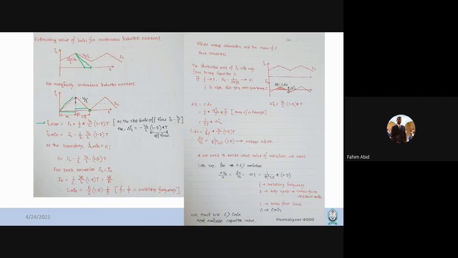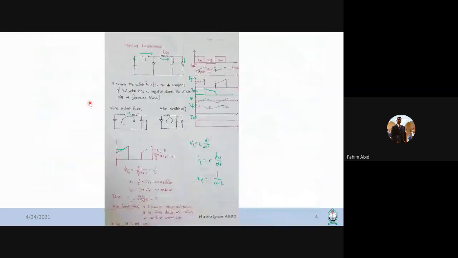So if you put a 0 in the IL min equation, and we know that in the buck converter, IL, the inductor current, is basically the output current. The inductor DC current is the same as the output current. If you go back to your previous slide, you can see that this is the inductor DC current, which is the same as the output current.